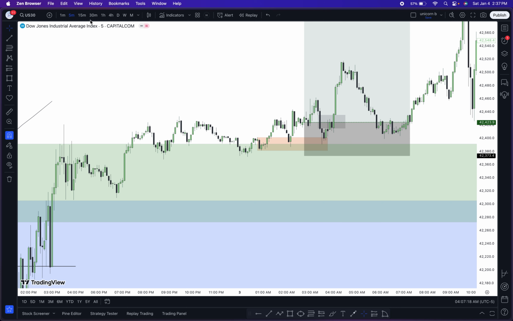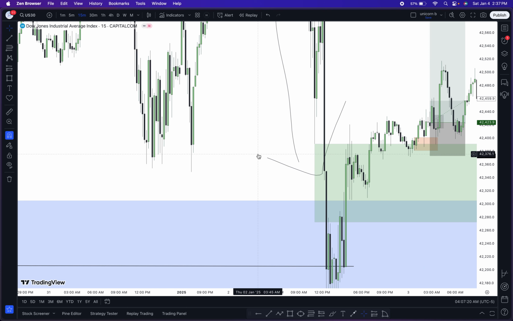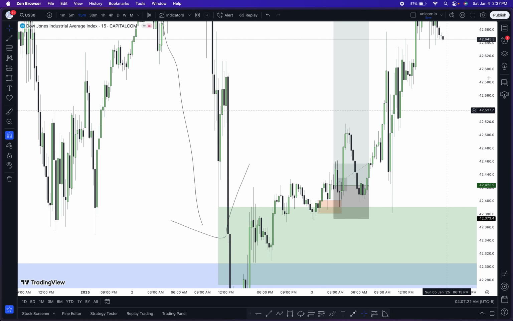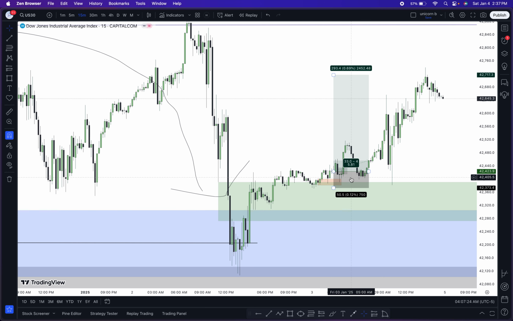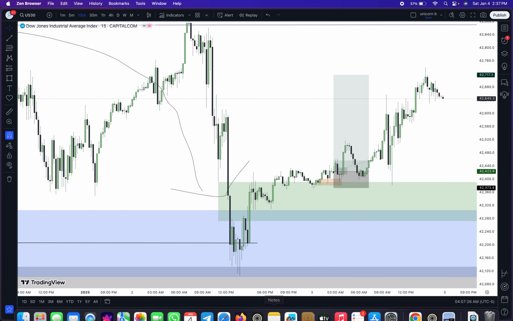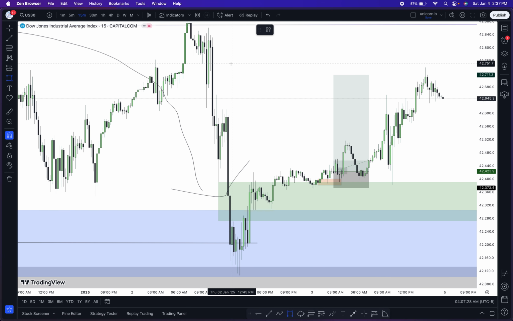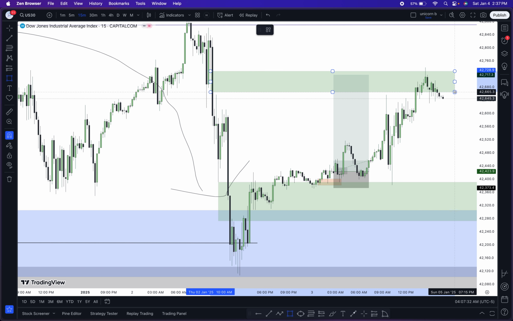You can notice in the 15 minutes how price reacted here. Price aggressively expanded from this level. Where was my TP? My first TP was this CB. This TP triggered here, and after that price is taking a small retracement from this level.